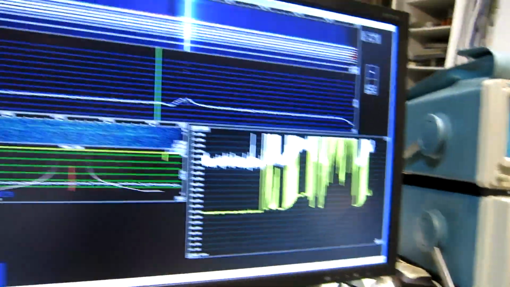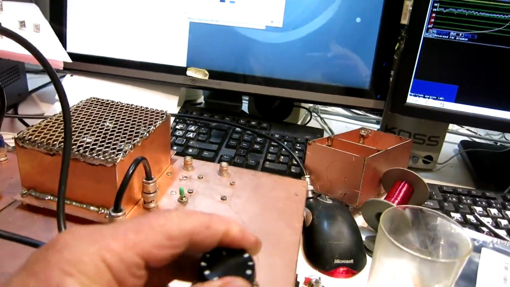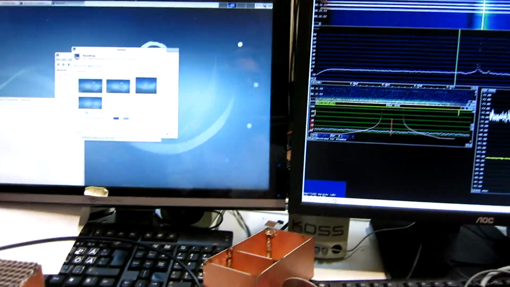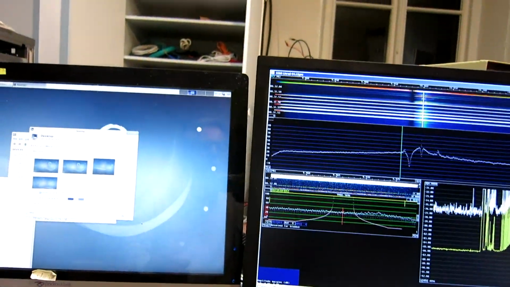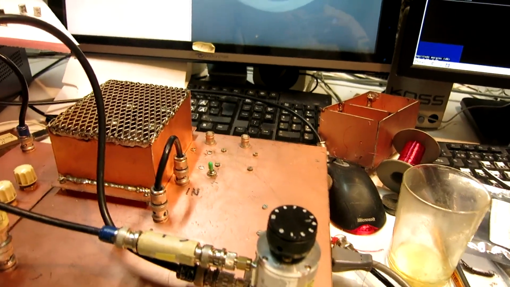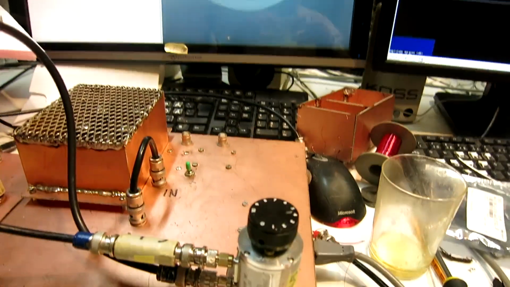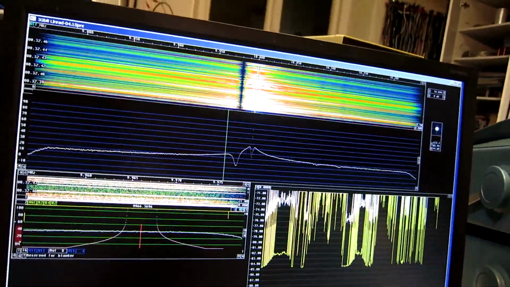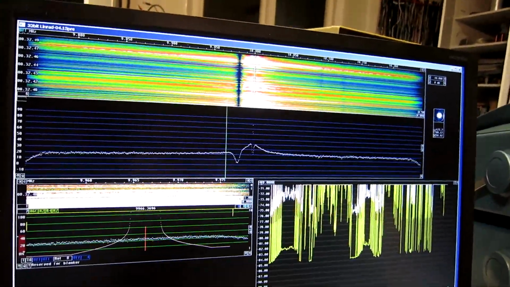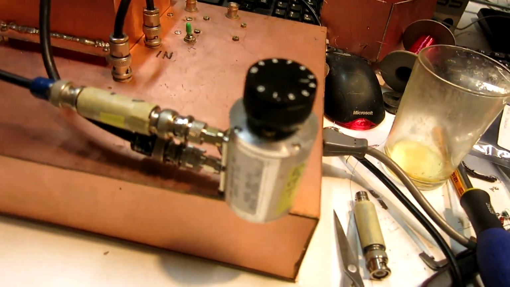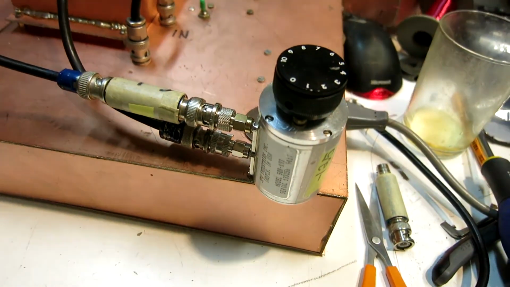So this one has a bad connection when set to 10 dB attenuation. I probably would have to switch it back and forth between 9 and 10 many times. I did that many times, but it didn't help. So this one is faulty at the 10 dB setting.